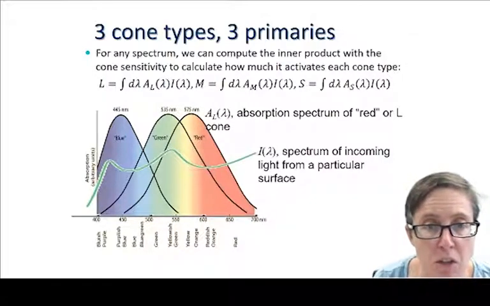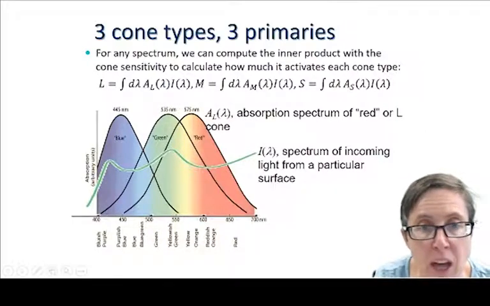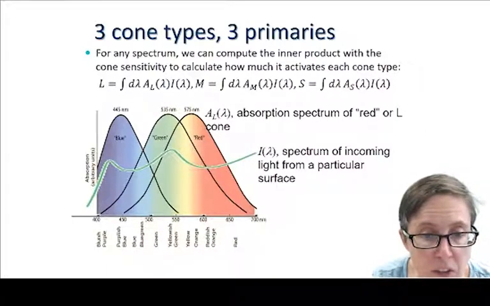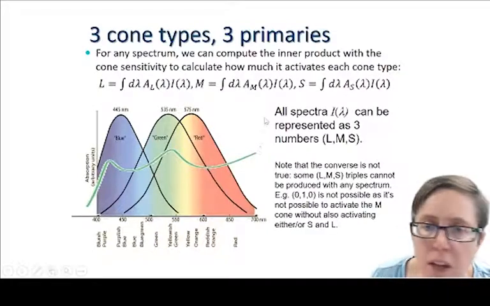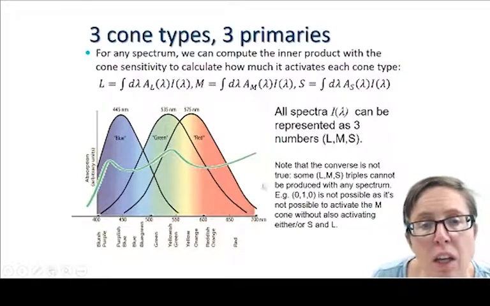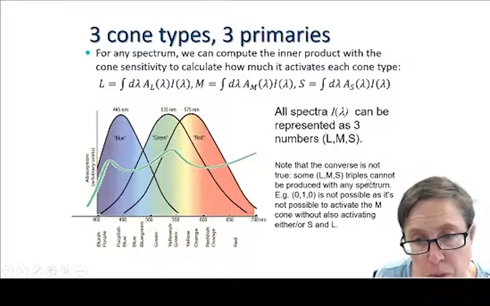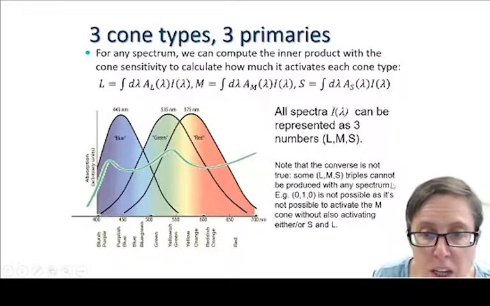So from this whole spectrum I of lambda, you get 3 numbers, L, M, S, the activation of each of the cone types in that area of the retina. So that means that whatever the spectrum that's coming in on your retina, it just gets represented by a different set of 3 numbers. Now, interestingly, this isn't true the other way around. There are some LMS triples that can't be produced with any spectrum.